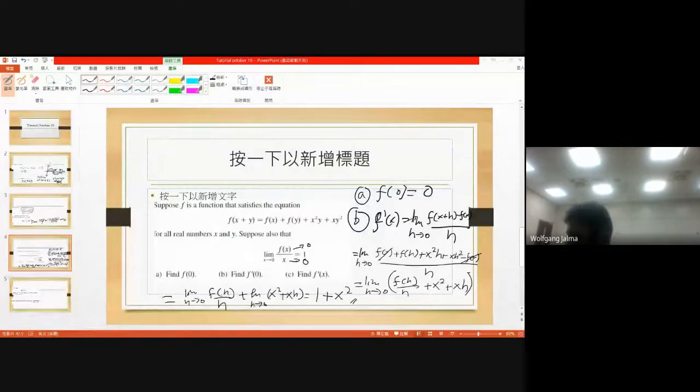Okay, any question about this question? Why will this part be x squared? Yes. Oh, it's okay. Sorry. So one of your friends here asked about this.